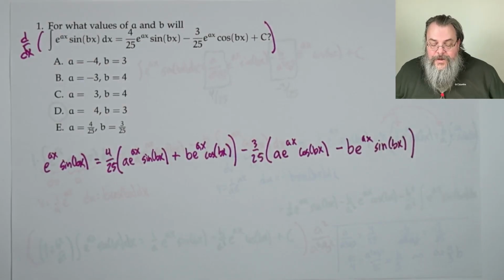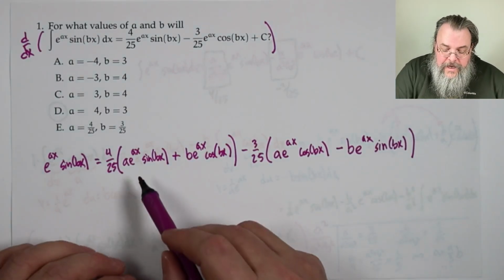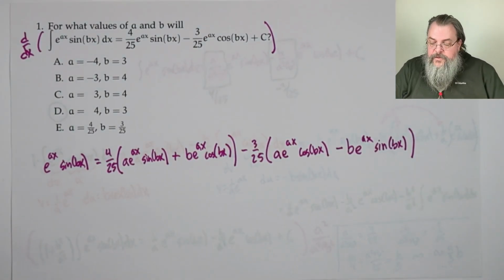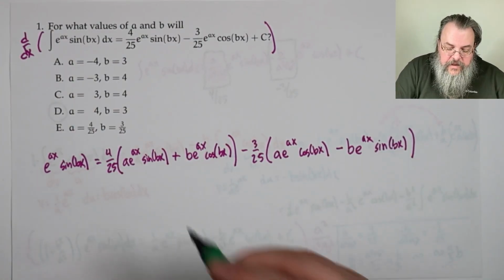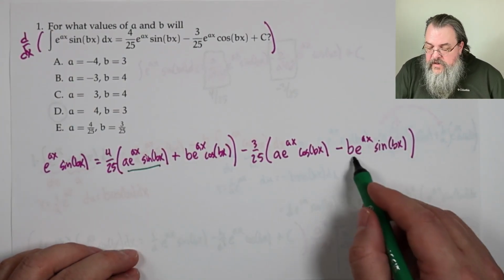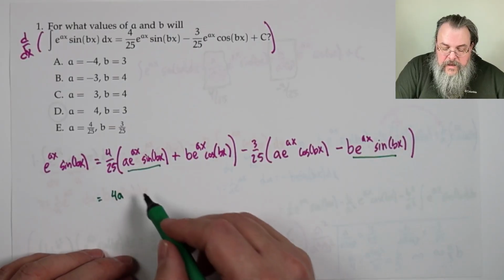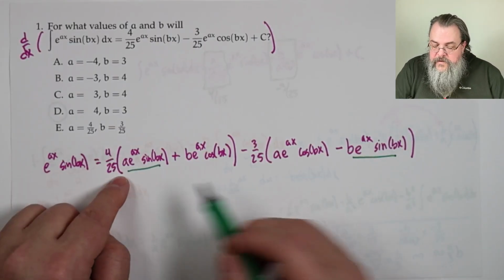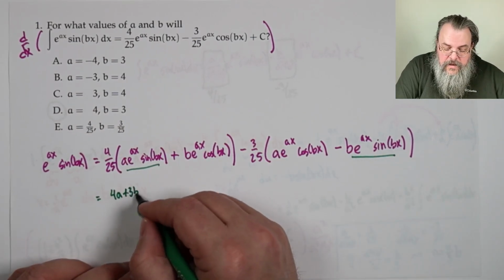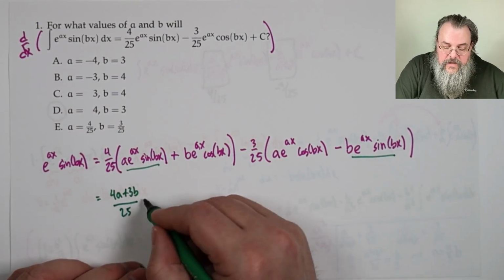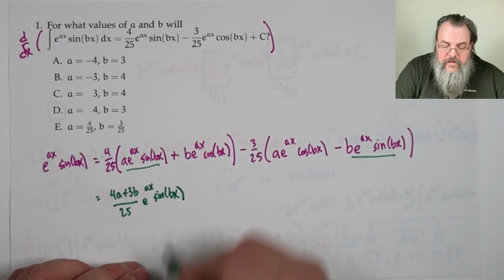All right. Well, let's gather. We have some places which have both e to the ax and sine, two of them, and we'll put those together. So we have these two pieces here. So we get 4a over 25, and then plus 3b over 25 e to the ax sine of bx.